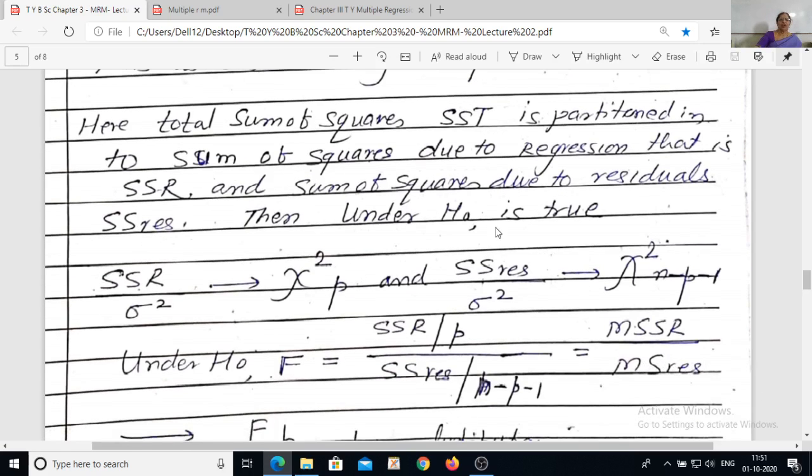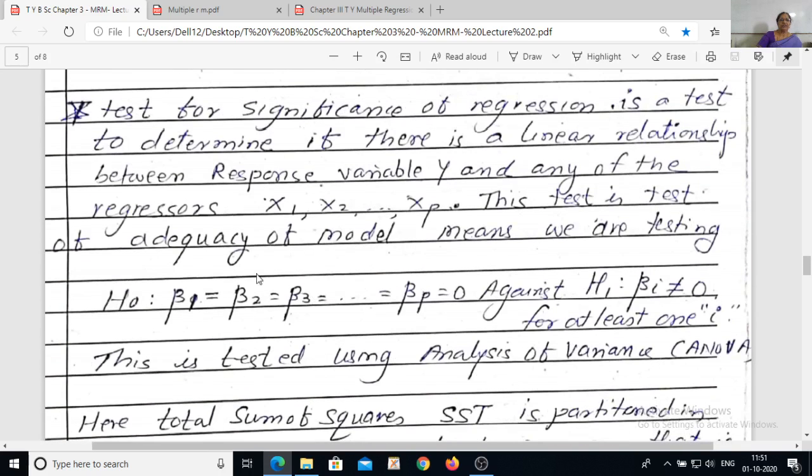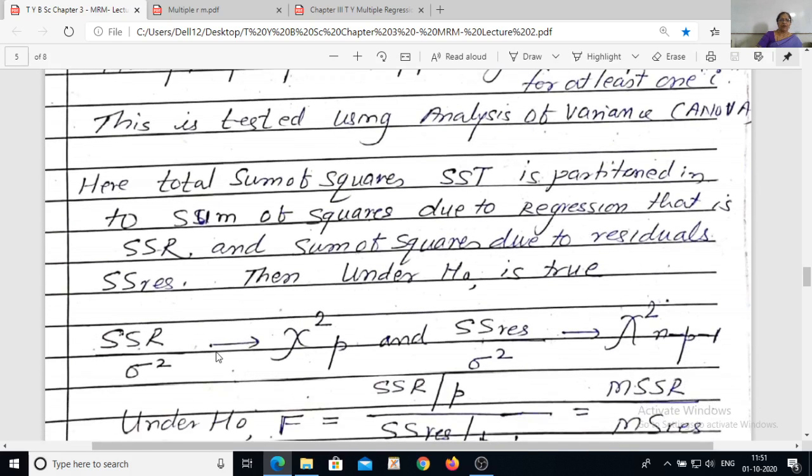Therefore under H0, when H0 is true, SSR upon sigma square follows chi-square distribution with p degrees of freedom, because there are total p regression estimates. The first regression estimate, beta naught, is your y-intercept, and therefore we will not consider it in this particular analysis.